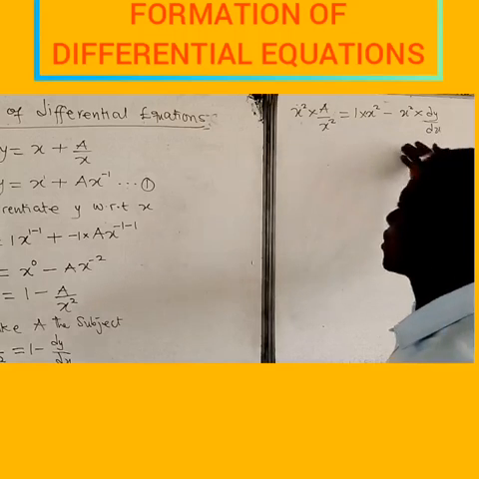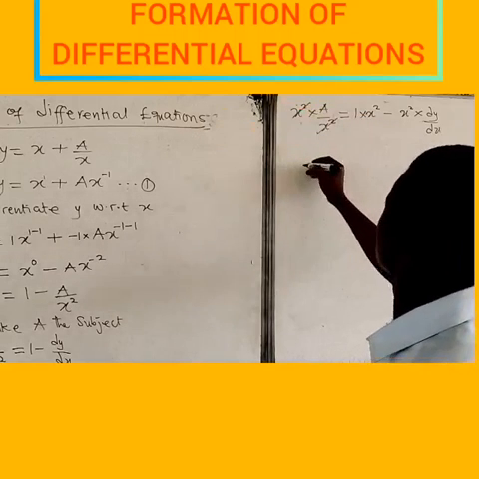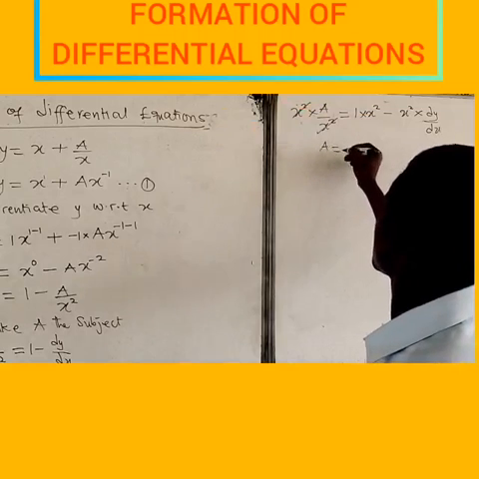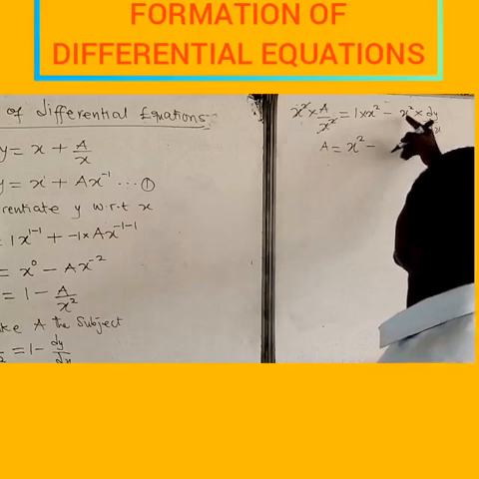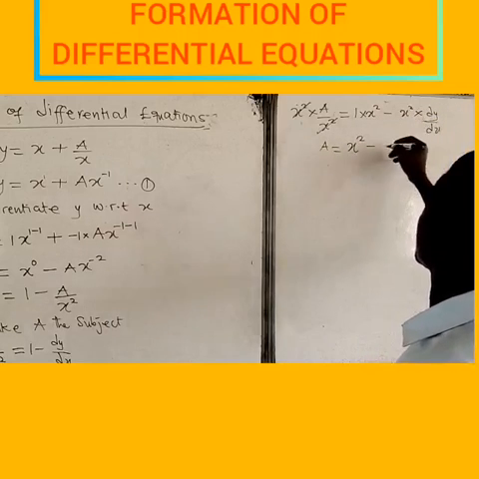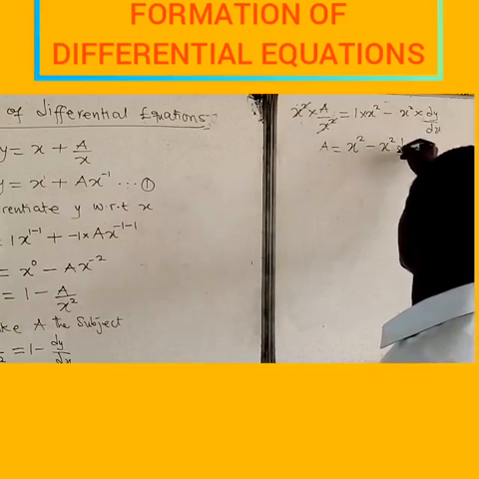We said we are multiplying both sides by x squared, so this cancels that, and we have a standing alone. 1 times x squared gives us x squared, minus x squared times dy dx gives us x squared dy dx.